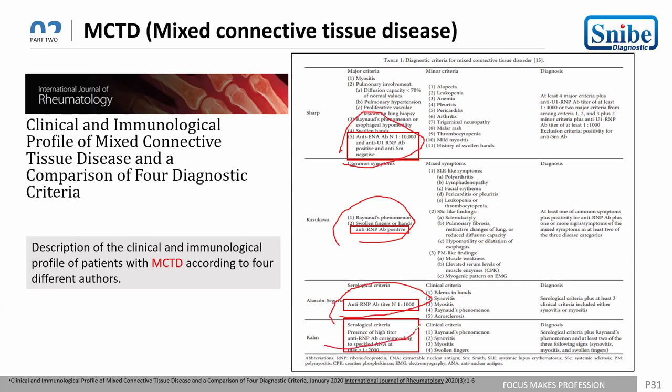In Kahn's criteria, the serological criterion is a higher titer of anti-RNP antibody, greater than 1:2000. So these are all the clinical criteria and serological criteria, and the diagnosis on the basis of ANA profile testing gives you the right answers.